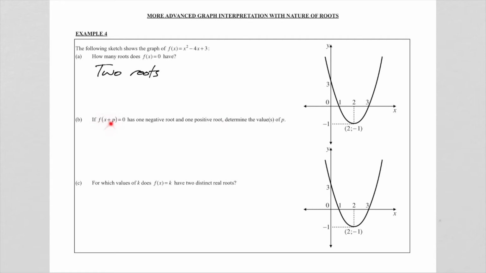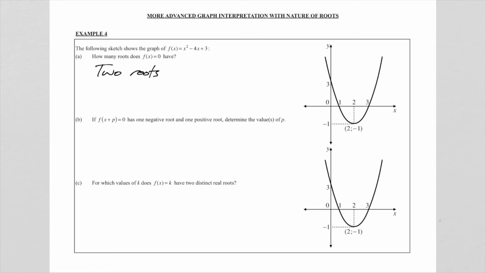And this notation, f(x + p), refers to a horizontal shift. So to know what x will be, we need to shift this parabola horizontally, and we're going to shift it to the left so that this x-intercept at x = 1 will be on the negative side. So you agree it's quite clear we need to move it more than 1 unit to the left.